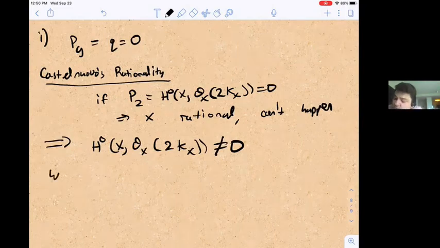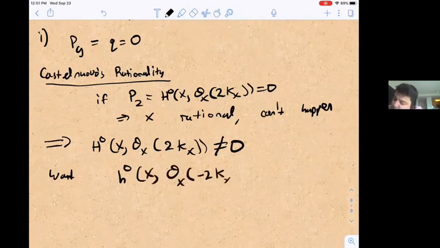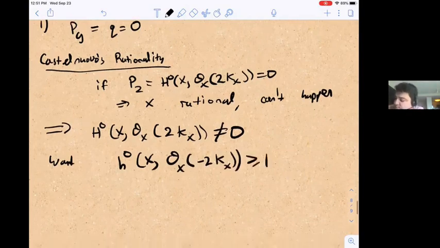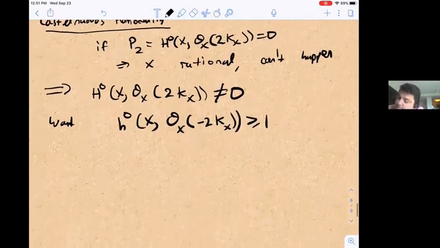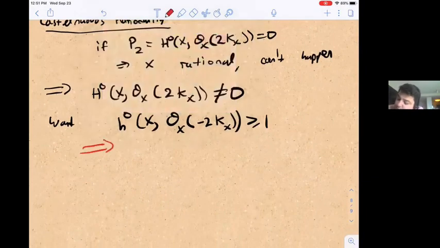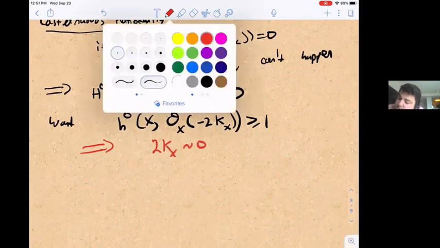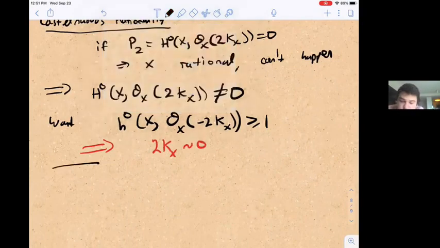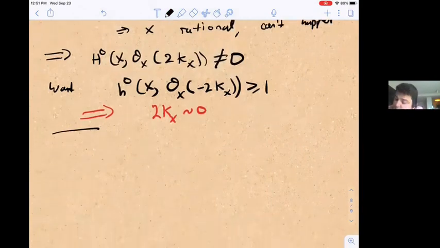So we want to check that H0(X, O_X(-2K)) also has sections. And so we'll use some Riemann-Roch to do that. And then this would immediately imply that 2K_X is trivial. Okay, so to do this, let's just write down Riemann-Roch.